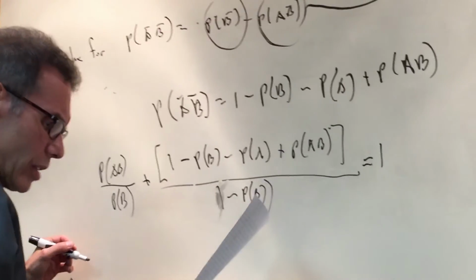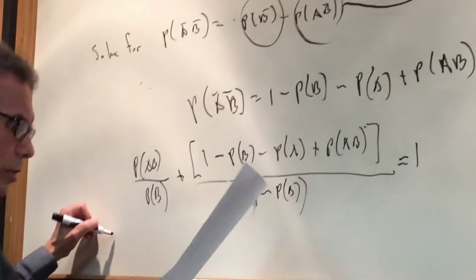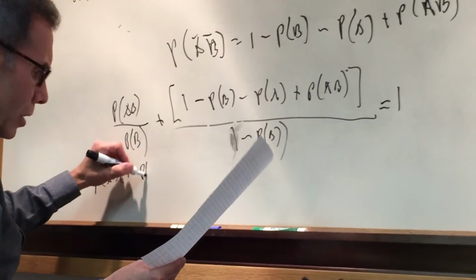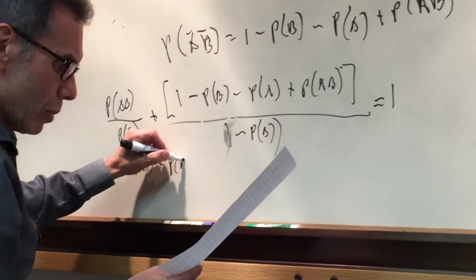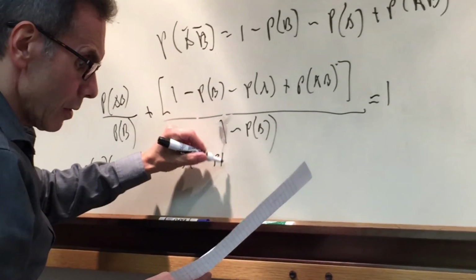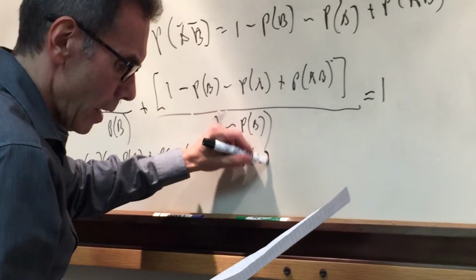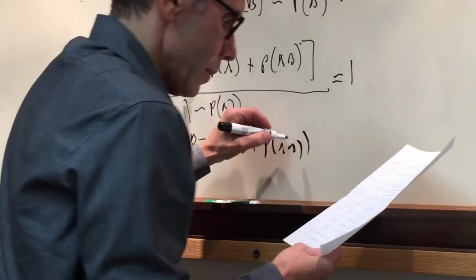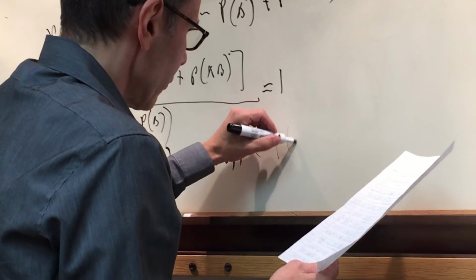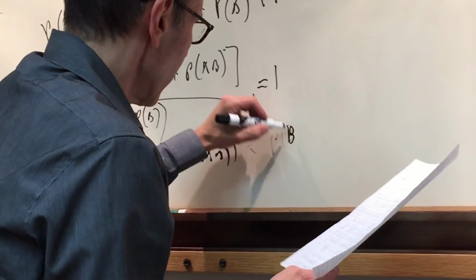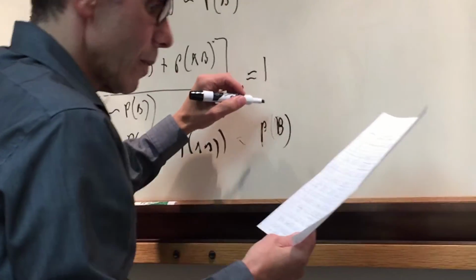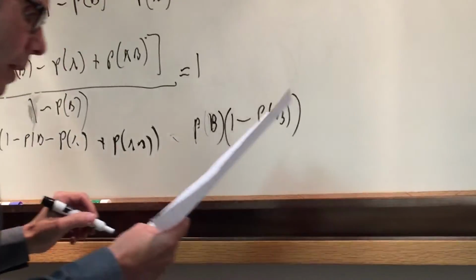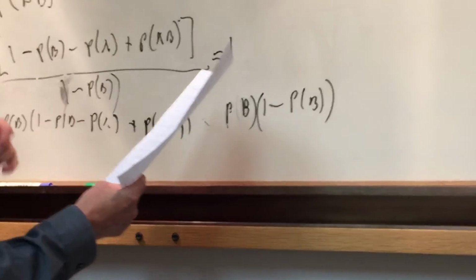This can get a little messy, so it's just algebra though. Probability of AB times 1 minus probability of B plus probability of B times 1 minus probability of B minus probability of A plus probability of A intersect B is equal to probability of B times 1 minus probability of B. Okay, now we're going to see that some things nicely cancel out.